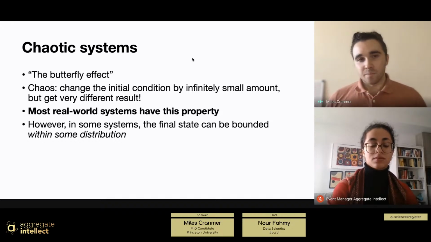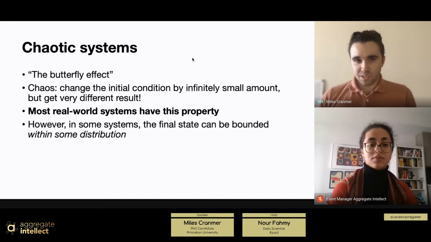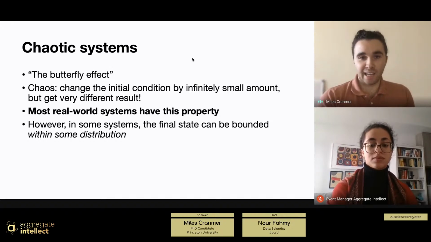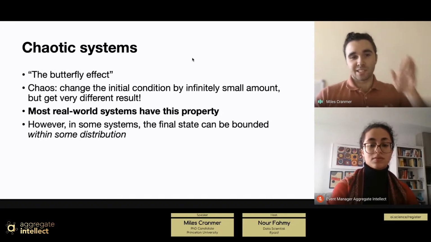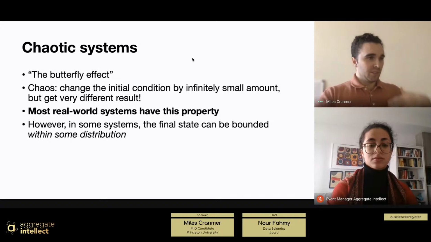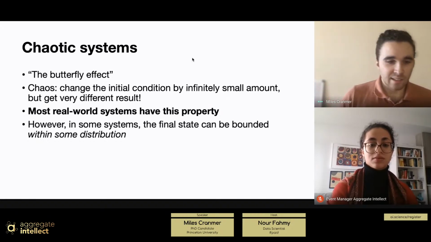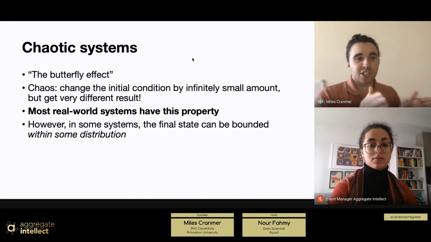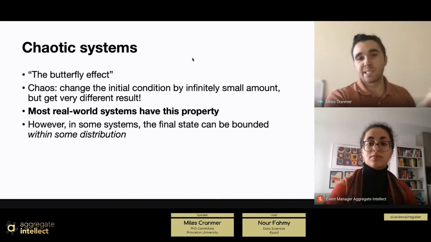But luckily, in some systems, you can bound the final state of your system within some distribution. So it's not like there's no limit to this chaos. If I budge the initial condition a tiny bit, there's actually going to be a range of potential outcomes.